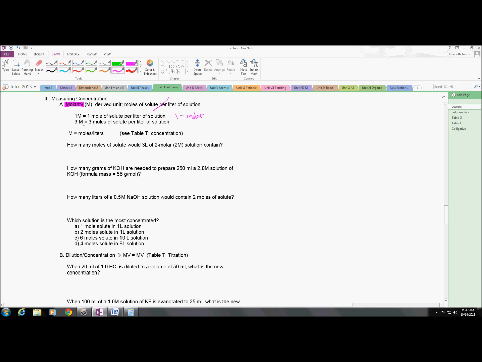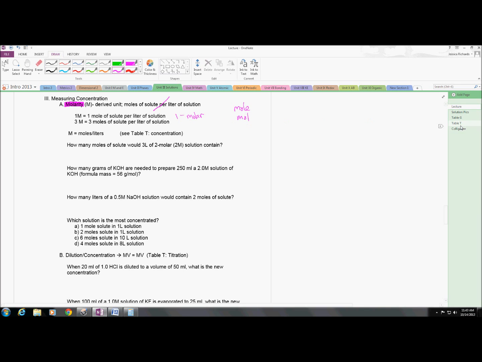If it's 3 capital M, that means you have 3 moles of solute per every liter of solution. 3 moles of solute, more pieces, means that this 3 molar is more concentrated than the 1 molar one. And again, molar, molarity, those are going to be the same measurement. Moles, either M-O-L or M-O-L-E, are going to be the same thing, and that's a different amount.